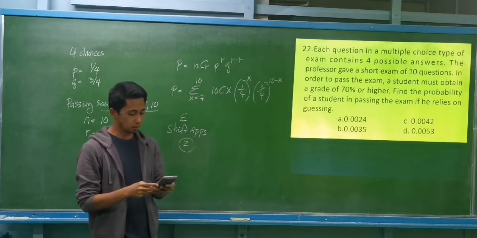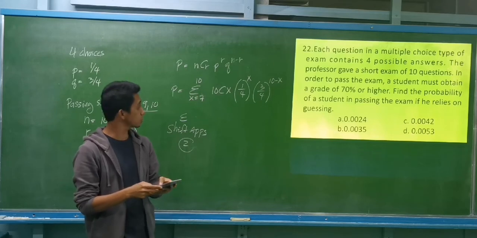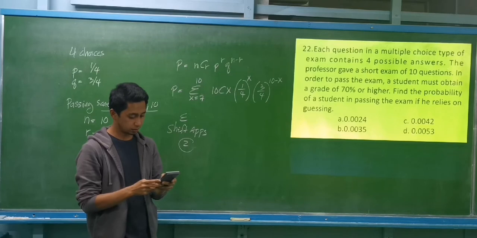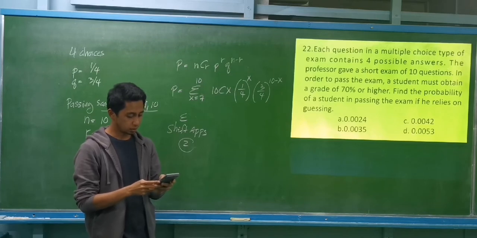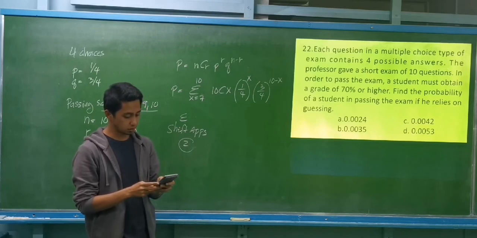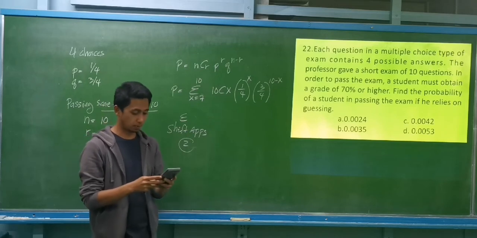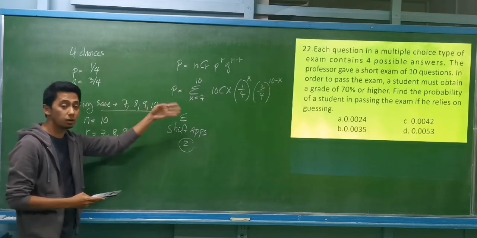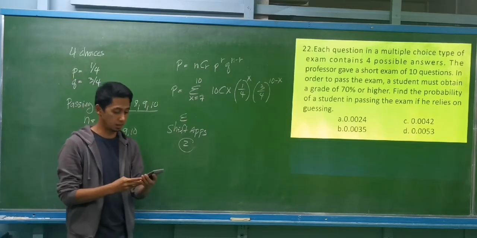We have 10 combination alpha x, multiplied by 1/4 raised to alpha x, then multiplied by 3/4 raised to 10 minus alpha x. Pwede naman yung gawin isa-isa, pero hindi na practical kapag sobrang dami.